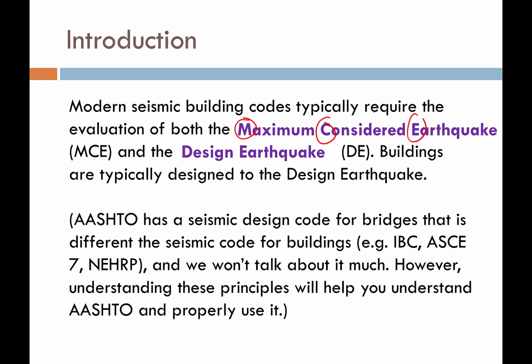Whenever you hear engineers say MCE, that's what they're referring to: maximum considered earthquake. That really is intended to be kind of like the apocalypse event, the doomsday event, the really, really bad earthquake. Maybe that sounds dramatic, but that's the spirit of what the MCE is supposed to be.